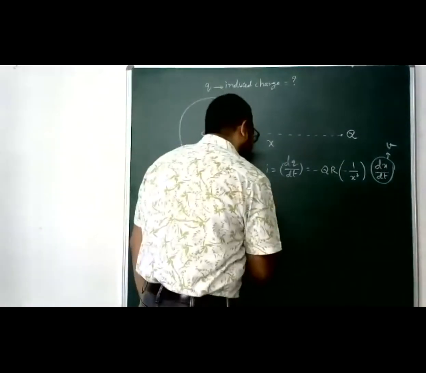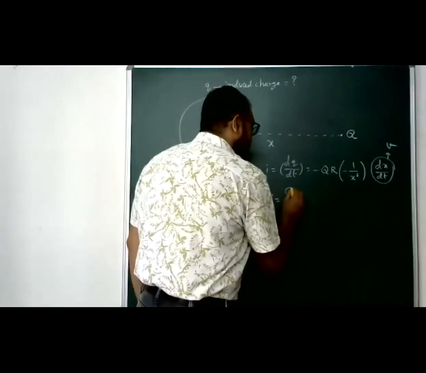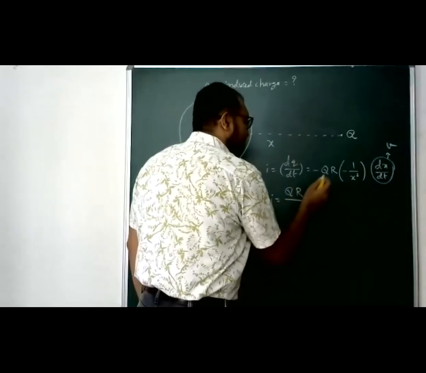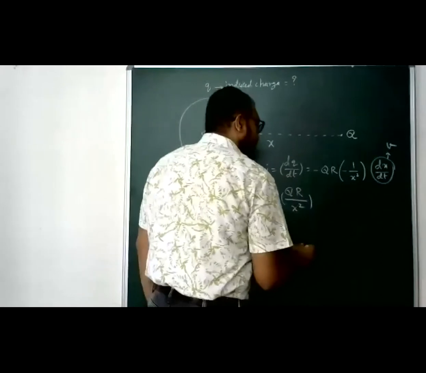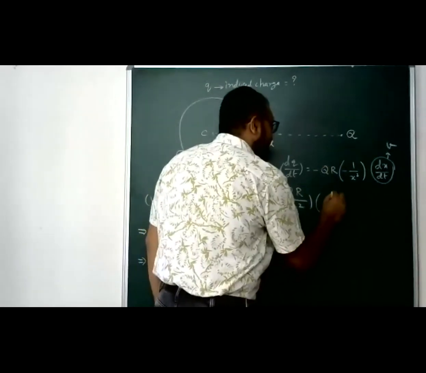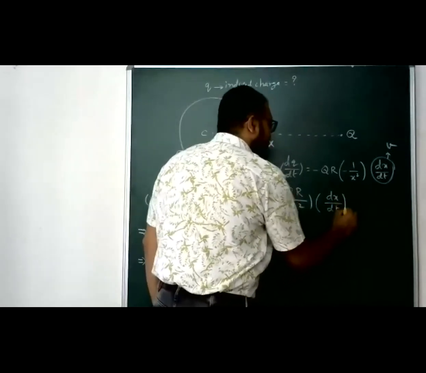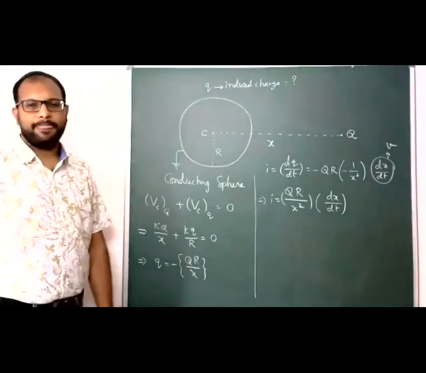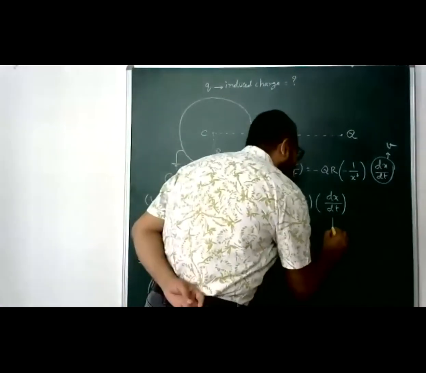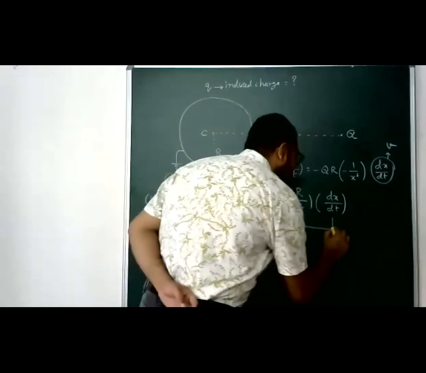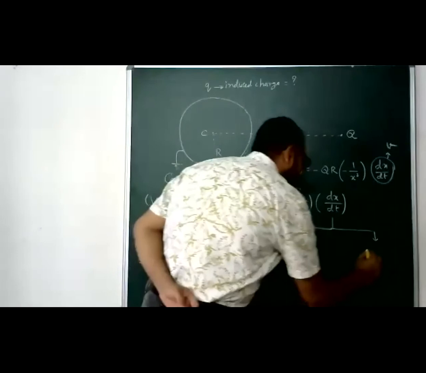Now I am writing the current I equals Q R divided by x squared into the velocity of that point charge Q, that is dx by dt. Students, this dx by dt may be positive or negative.